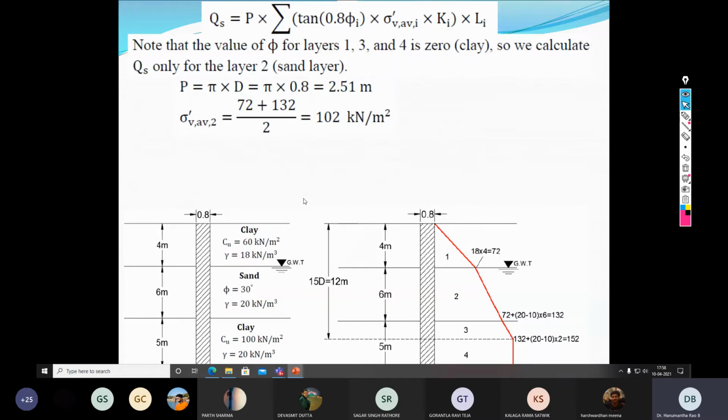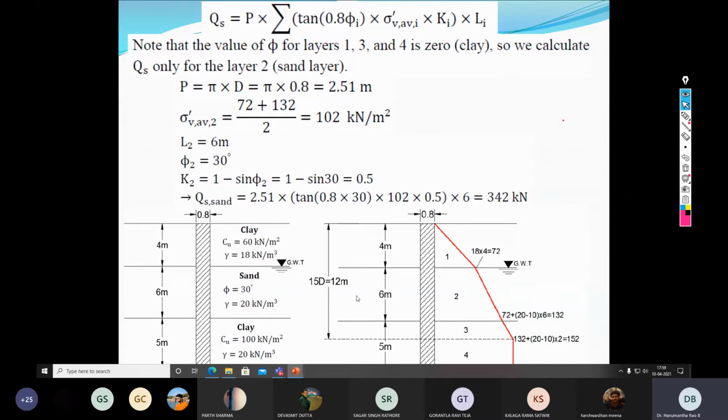Sigma V average is the average vertical effective stress, average of top and bottom. 72 is at the top and 132 is at the bottom of the sand layer, so the average is 72 plus 132 by 2, that is 102 kilonewton per square meter. This is the sigma average.